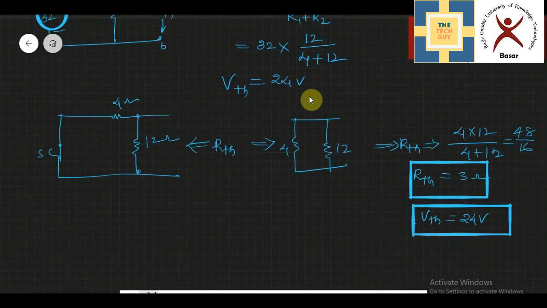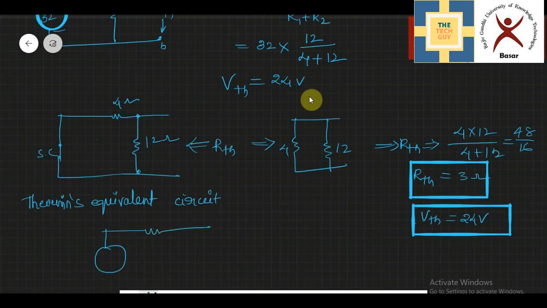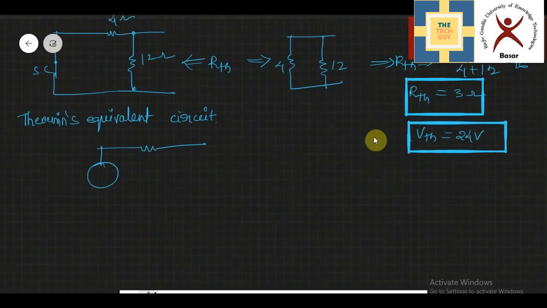Now let us draw Thevenin's equivalent circuit, which consists of VTH and RTH. That is nothing but a resistance in series with a voltage source. This is VTH, this is RTH.